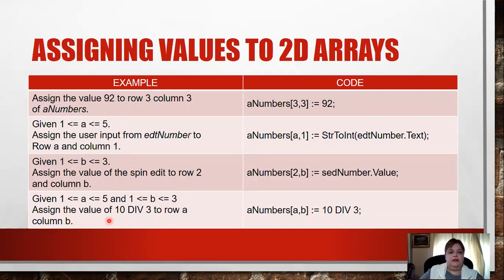So assign the value of 10 div 3 to row A, column B. Okay, so there we have 10 div 3, and I'm going to write it to row A, column B. Okay, so my rows can be 1, 2, 3, 4, and my columns 1, 2, 3, 4, but try and make one letters and the other one numbers, just so it's easier for you to define.